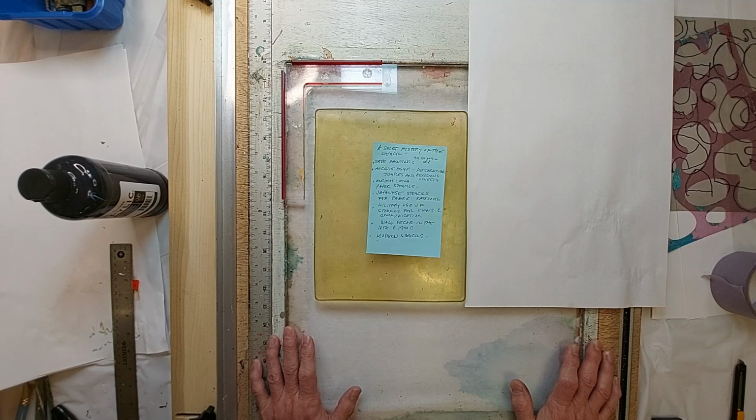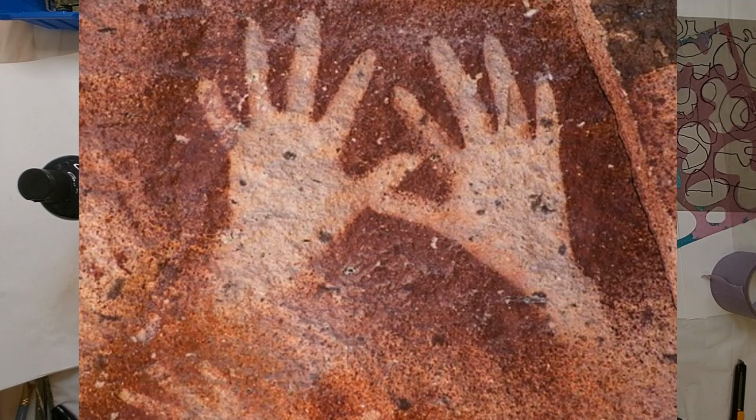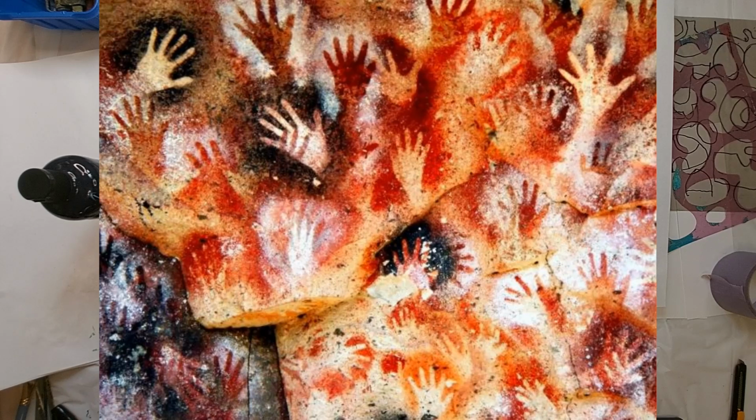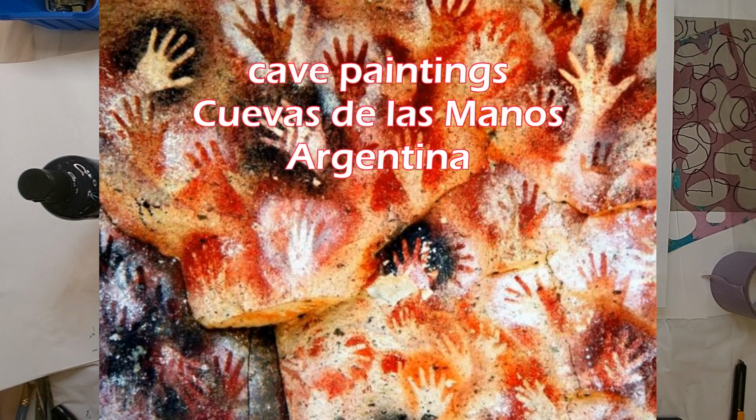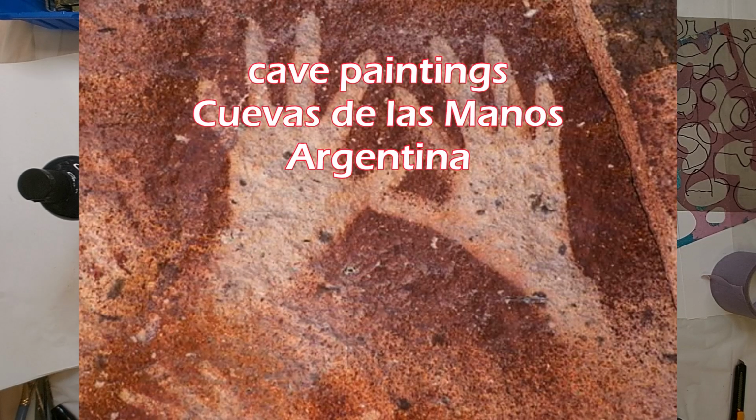Now, the first evidence of a stencil were cave paintings, and these were about 40,000 years ago. The inhabitants of the caves felt a need to decorate the walls of the caves, and they used their hands as a stencil basically.